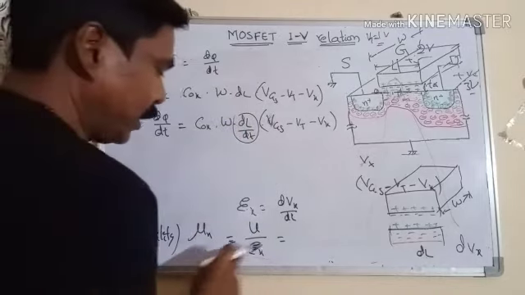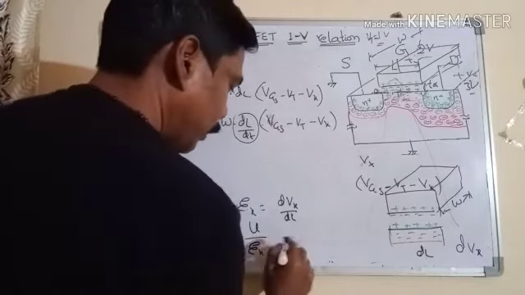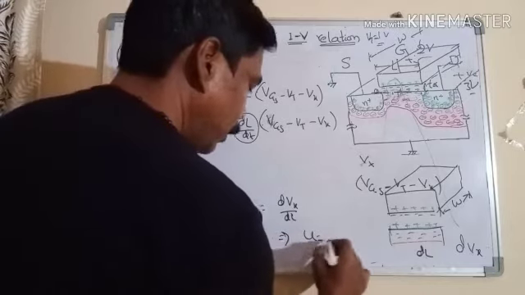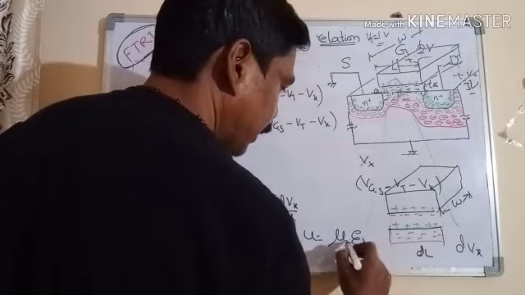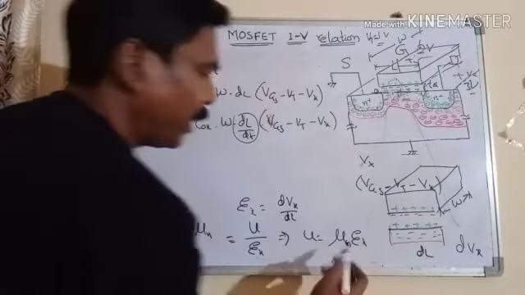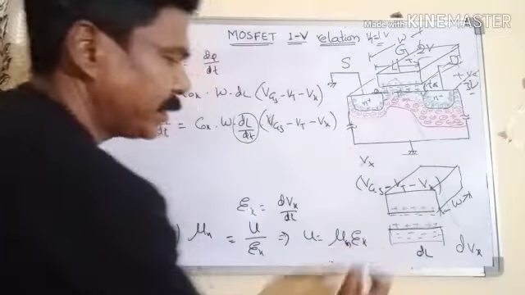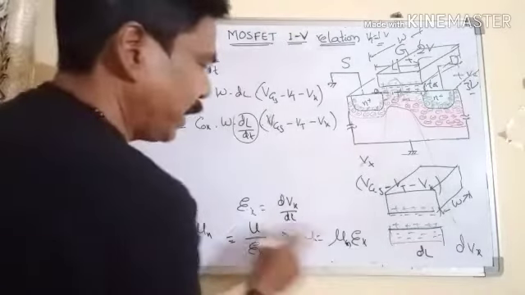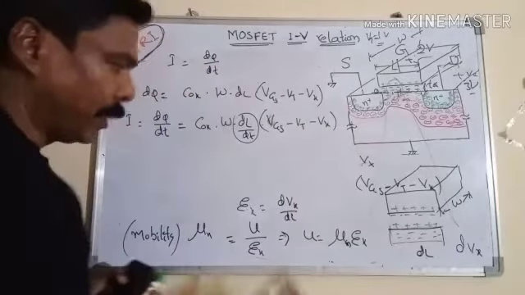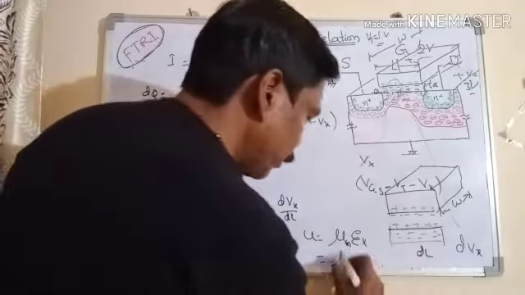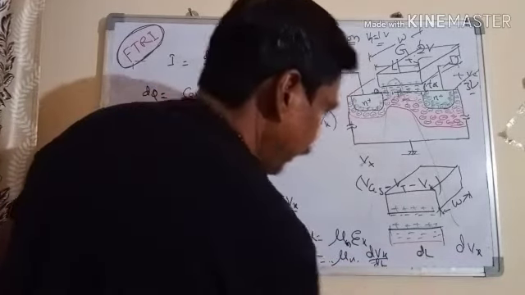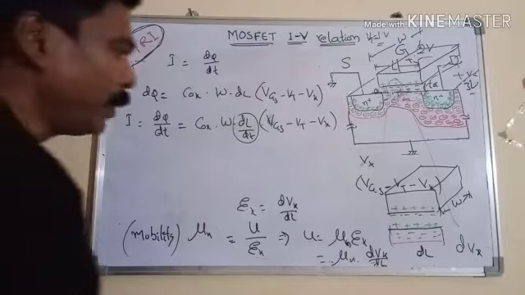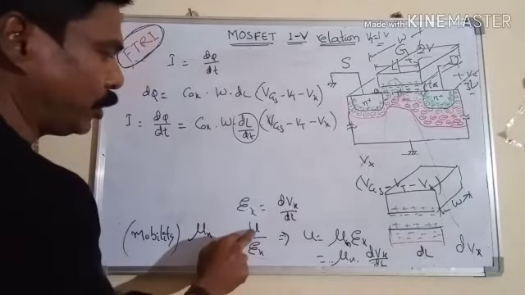So u equals mu n into Ex, where mu n is the mobility of electrons. What is Ex? Ex is dVx by dl, so u equals mu n into dVx upon dl. Now I will replace dl by dt, which is nothing but u.